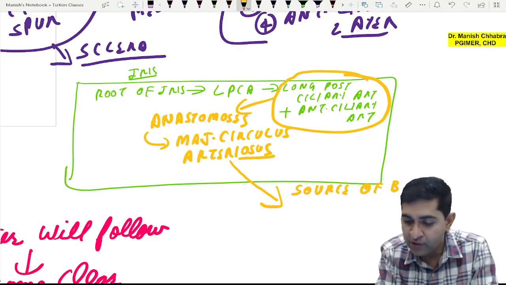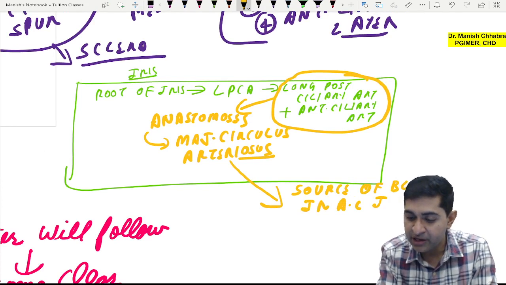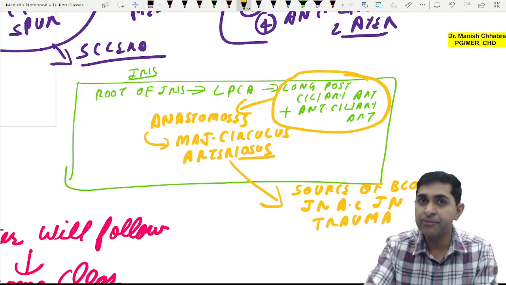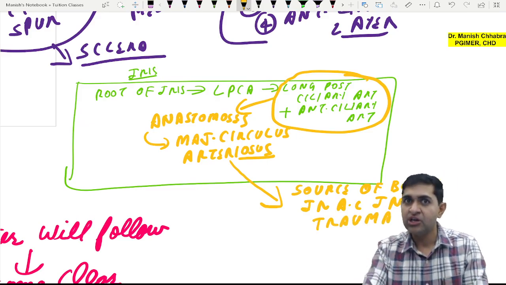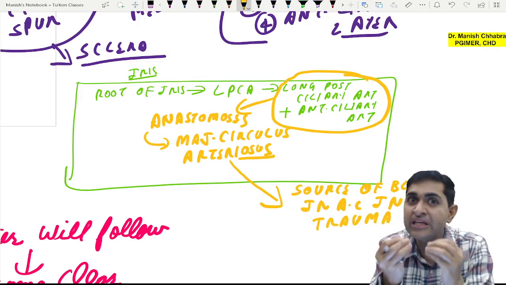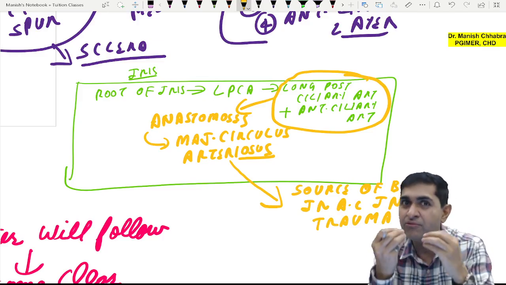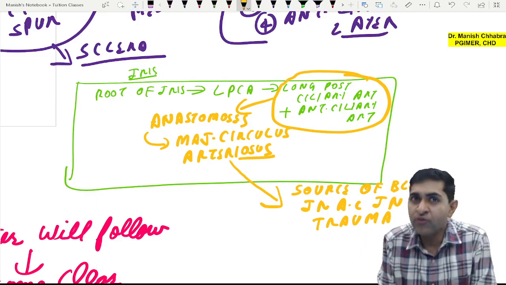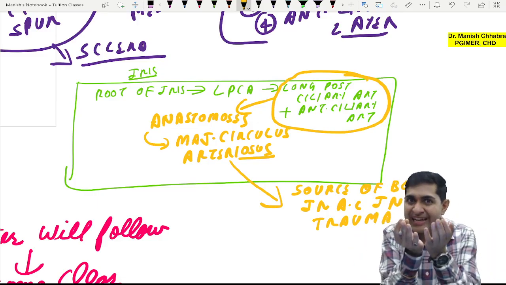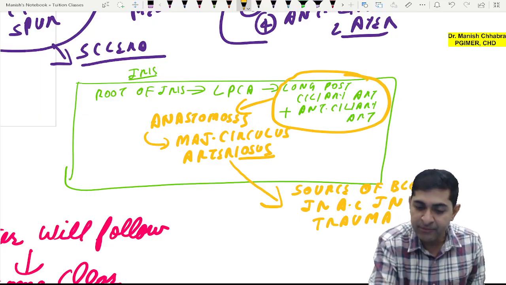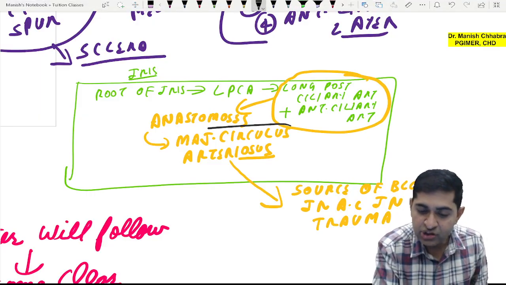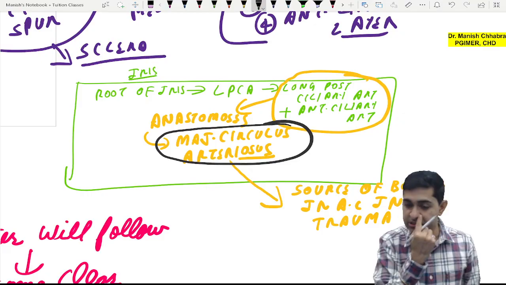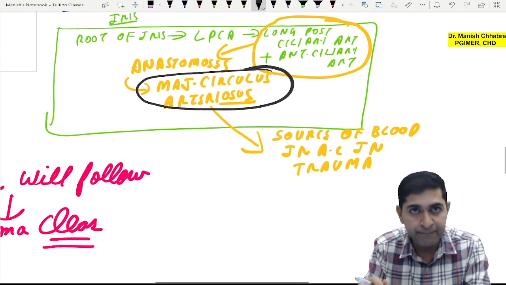Source of blood in the anterior chamber in trauma means if a ball hits the eye and the blood vessels inside the eye rupture, of course the blood which will get collected at the bottom of the anterior chamber will come from the major circulus arteriosus. That is what I am trying to say.